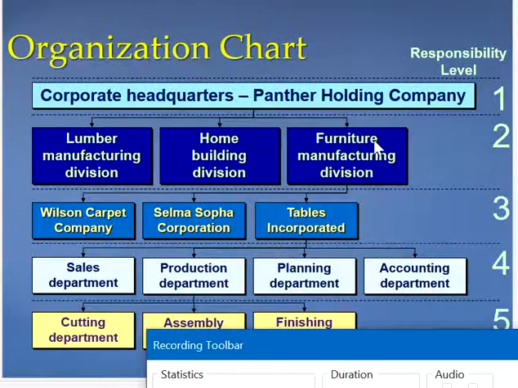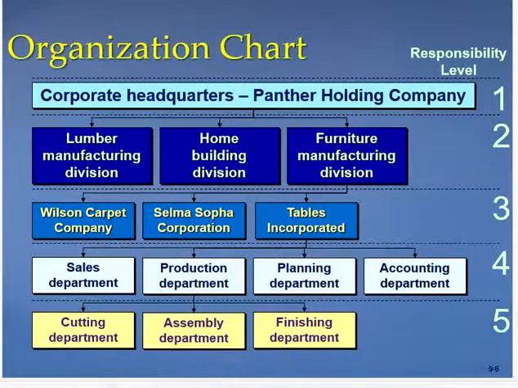Let's say we go further down into furniture manufacturing. They have a carpet company, a sofa corporation, and table incorporated. Now under table incorporated, we're just going deep into this one. We have a sales department, a production department, a planning department, and an accounting department. Then under the production department, we have a cutting department, assembly department, and finishing department.